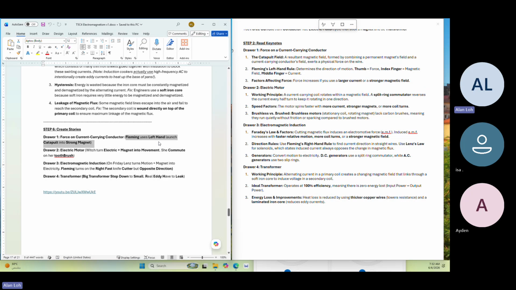So Launch uses his left hand and launches a catapult, right? You're going to see that in the animations. During the ancient time, when they fought against each other, they had this catapult that launched to attack the castle, to destroy the castle, right? So this sounds like the catapult field that we are learning.